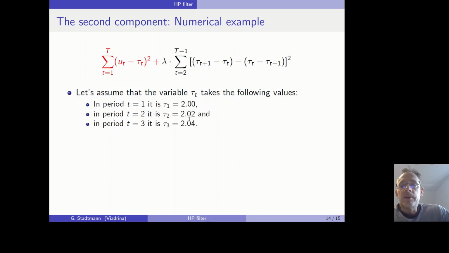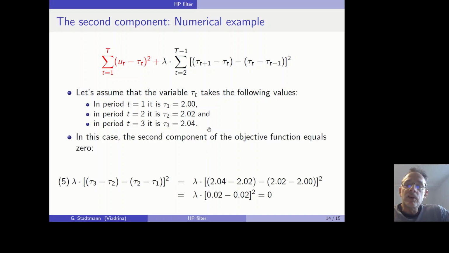So there is a trend, the tau parameter goes up by 0.02 each quarter. And in this case, the second component of the objective function would be equal to, we are looking at these changes here, and the first change is equal to 0.02.